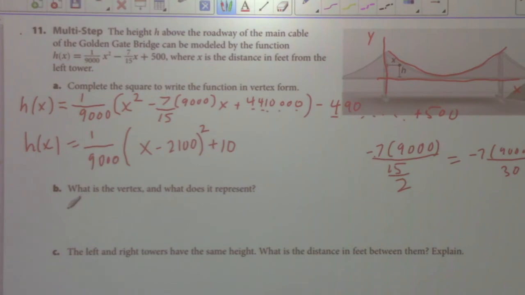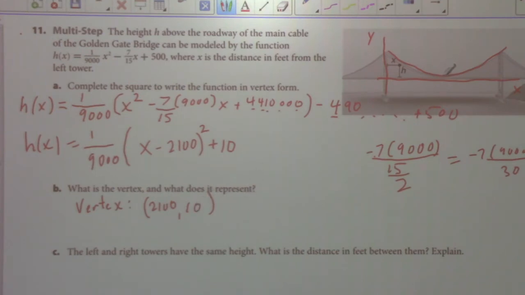So next question, B, what is the vertex? Vertex is what? What is a vertex? Is it 2100, 10? Yes, 2,100, 10, right?